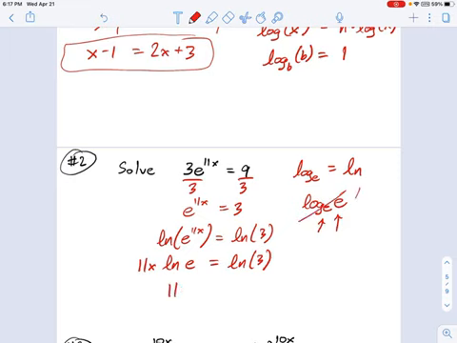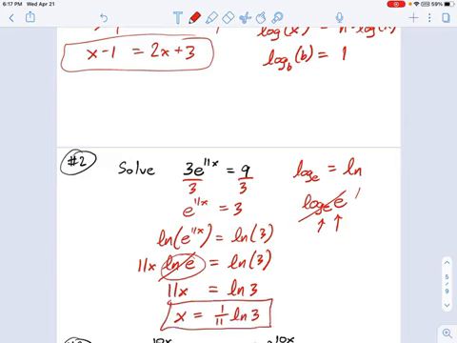So this left side is just 11x. This term right here is just 1. And then on the right, you still have ln of 3. So our final answer becomes x equals 1 over 11 times the natural log of 3. Okay, that's what we get. And you couldn't have done that with exponential equality because you didn't have equal exponents.